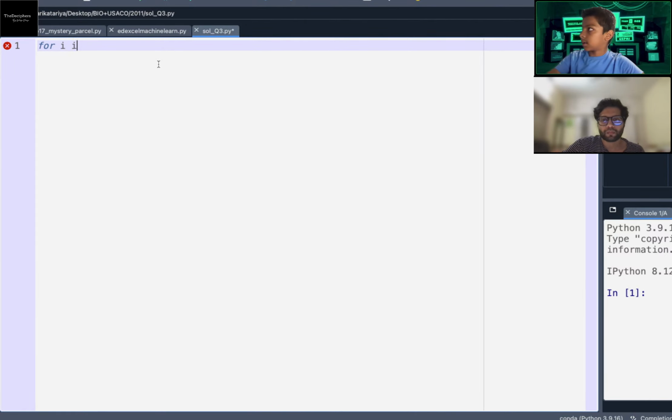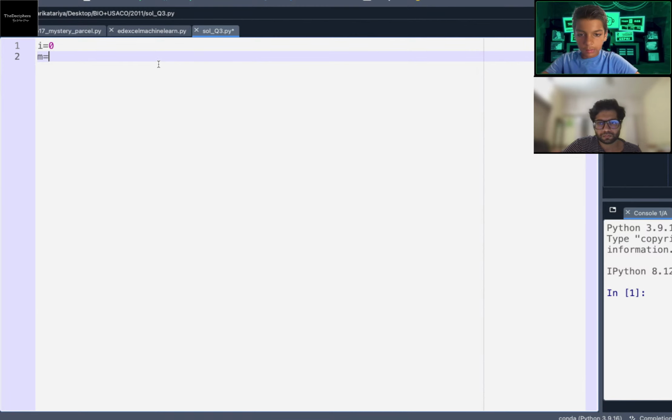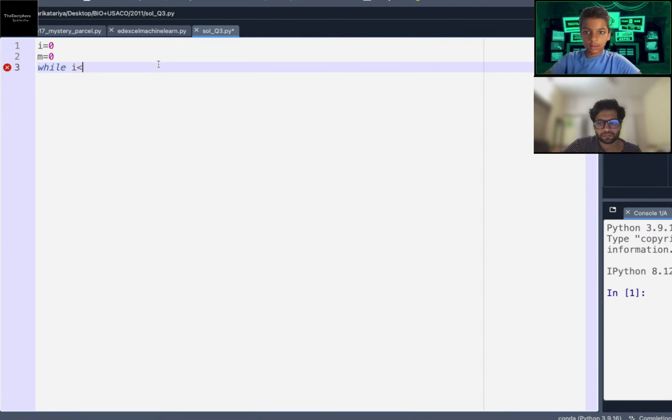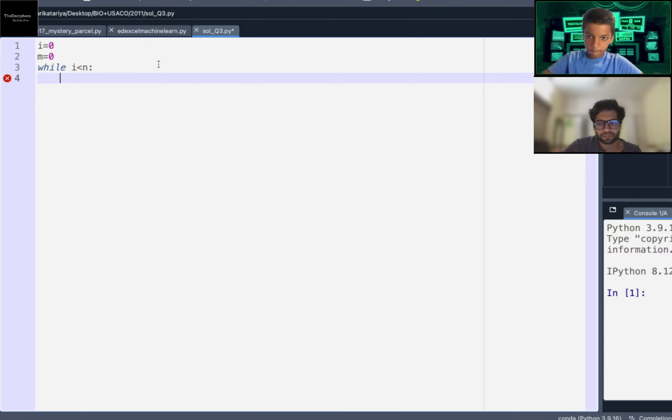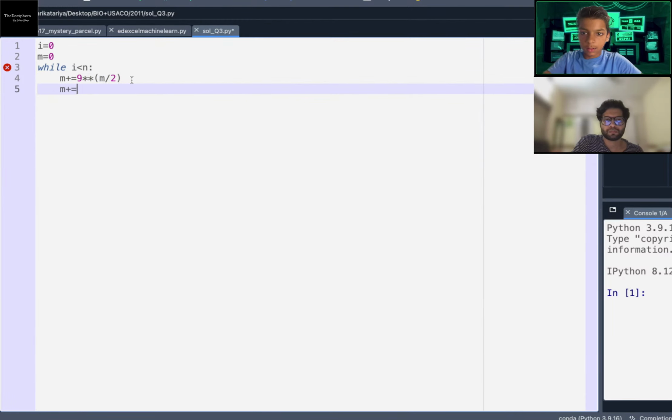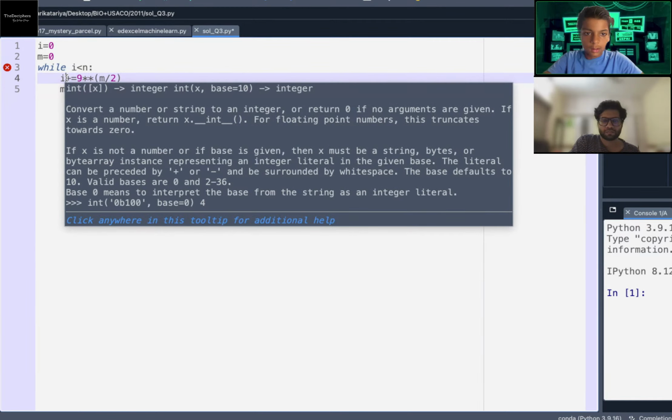So i equals 0 and m equals 0, while i is less than n, then m plus equals 9 to the power of m over 2. m plus equals 1, and that's i, not m.